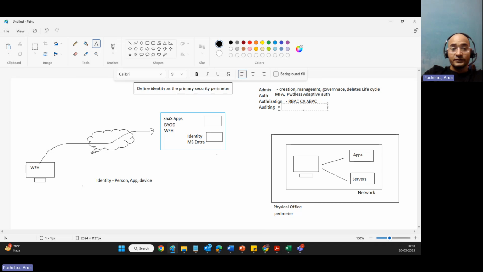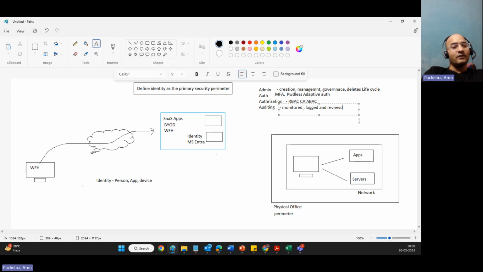Auditing ensures that identity activities are monitored, logged, and reviewed, right? We also review, if you remember, we talked about in our previous videos, the access reviews: who has the access, what they can do, whether they need that much permission, whether they are still in the office or have already left.